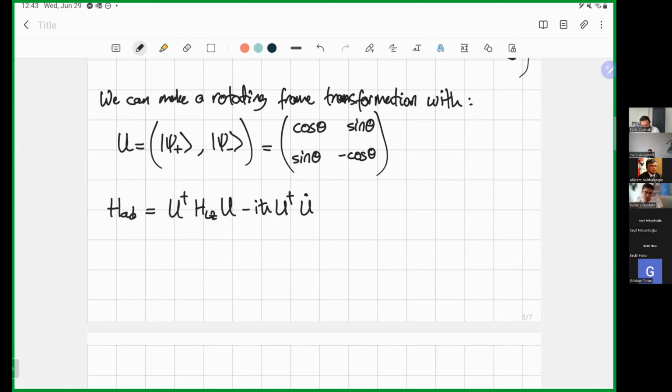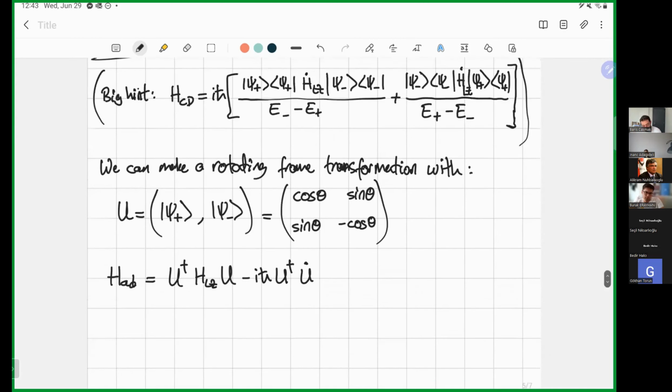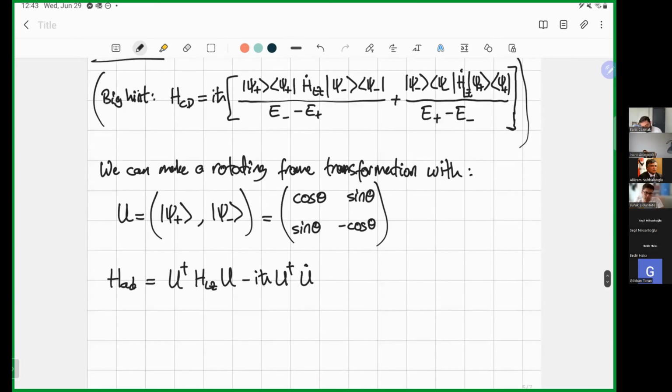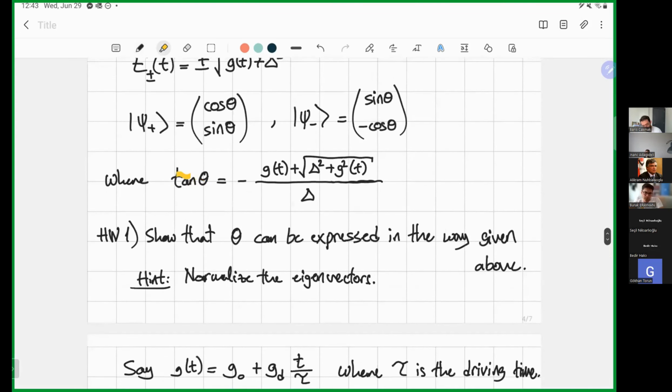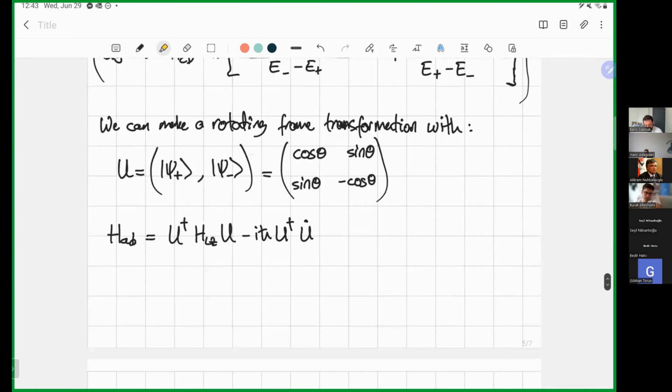And remember, if you would like to reproduce this calculation, and I recommend you do so, don't forget that tangent theta depends on g, so theta itself is a time-dependent variable. When you take the time derivative of U, pay attention to that. I recommend making the calculations keeping theta as theta, remembering that it's time dependent, and at the very end, plugging in the value for theta.